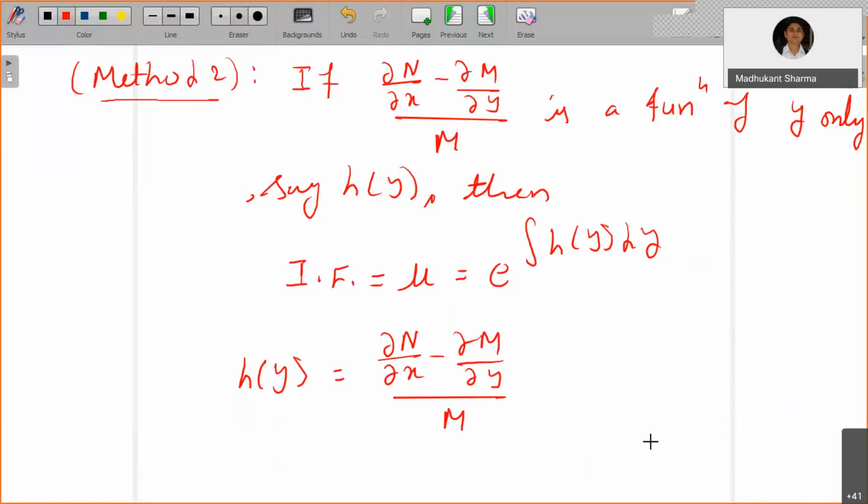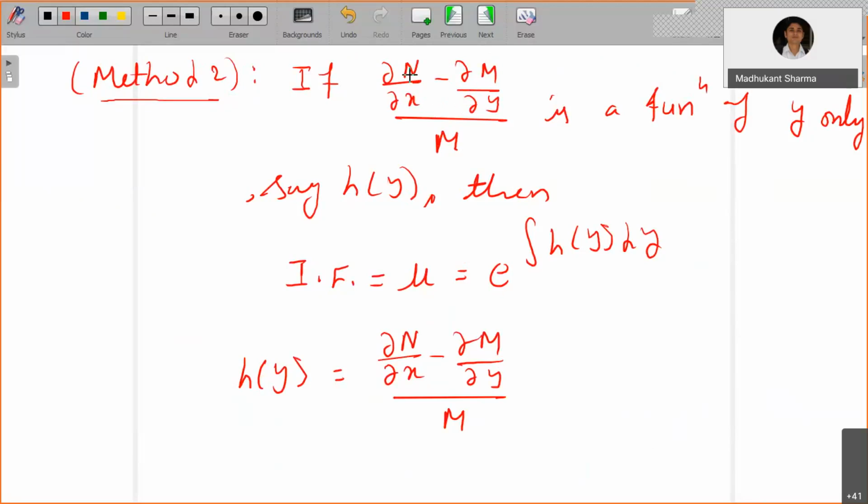Certainly you will get this by solving examples, but how do you verify whether method 1 or method 2 works? In any case, to verify whether the equation is exact or not, you have to find dou m by dou y and dou n by dou x.